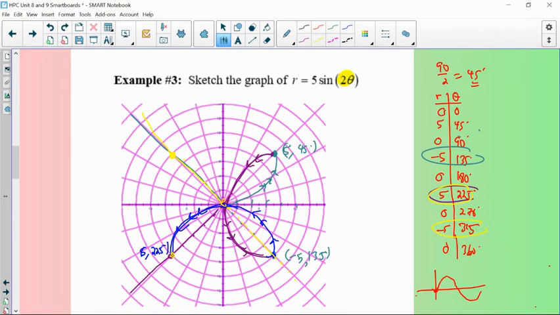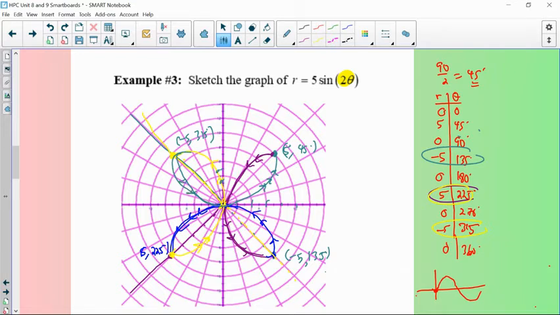So again, think about that curvature from here to the center and out is going to be that curvature right there, drawing arrows. And then certainly we can label that particular point. This was negative 5, 315. And then we just complete our circle, going through the origin again.